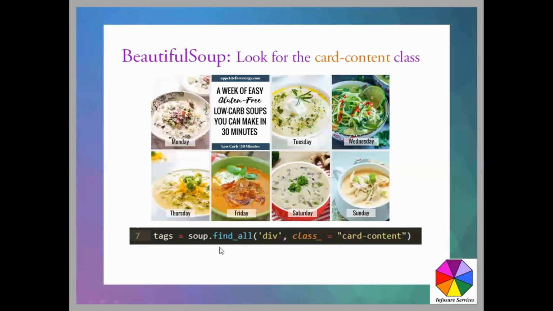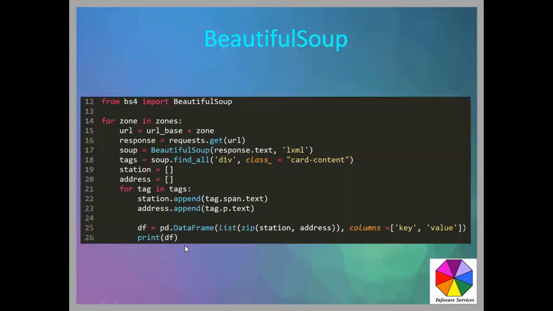Then I am going to do soup.find_all, a default method of the soup object, to read every div having the class card content. Then everything inside the content will come into this tags object. Now the tags object is what we'll iterate through, read, and add each station and each address.